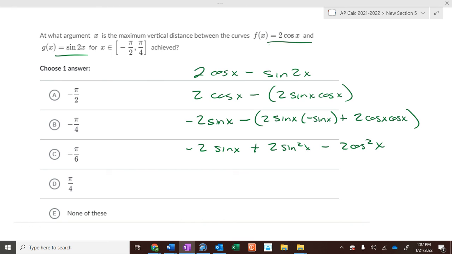Can I change sine squared into cosine squared? Yeah. Can I change cosine squared into sine squared? Yeah. What is cosine squared the same as? Pythagorean identity. 1 minus sine squared of x.